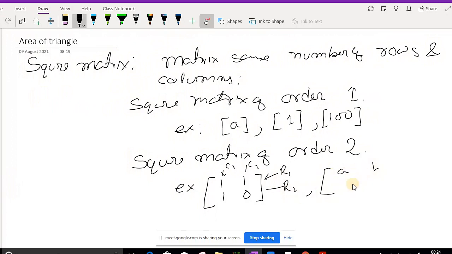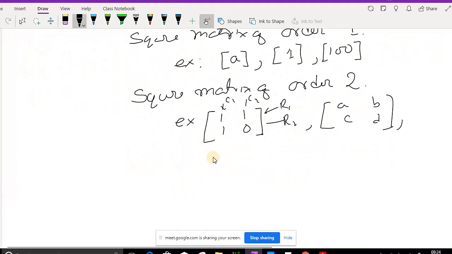So you can have A B C D. Our favorite is a square matrix of order 2 written as A11 A12 A21 A22. A11 is the element from the first row, first column.